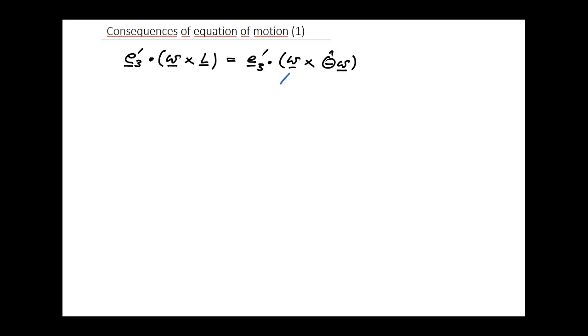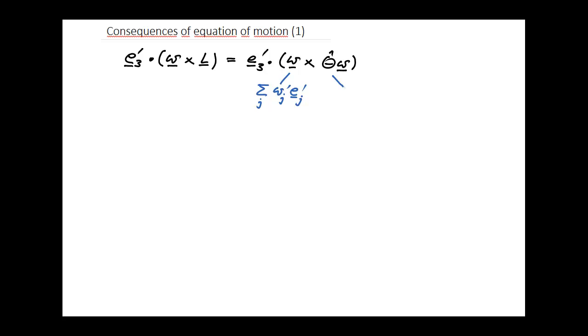We can expand the angular velocity in the body fixed frame. We can write omega as the sum over j, component omega j prime, basis vector ej prime. Likewise for the second omega that we have in this equation. And then we have the operator theta acting on that.